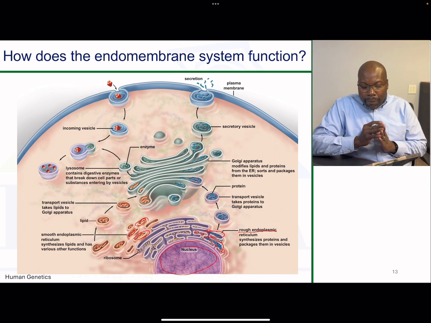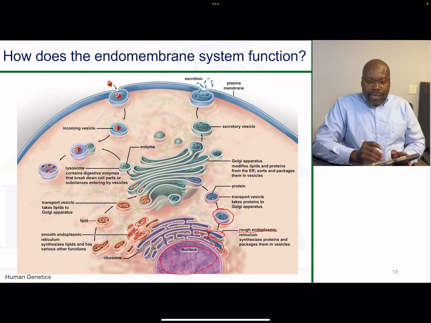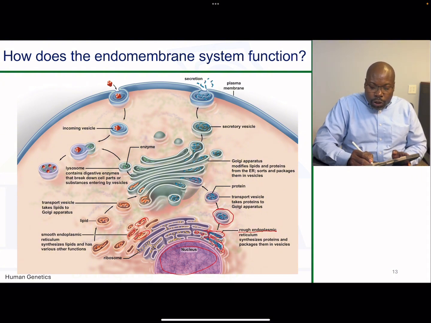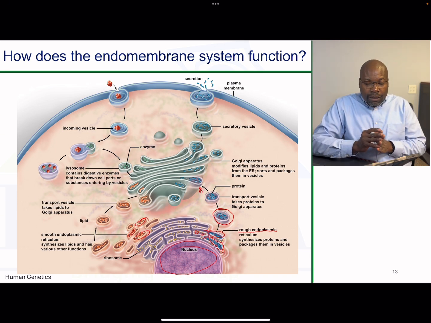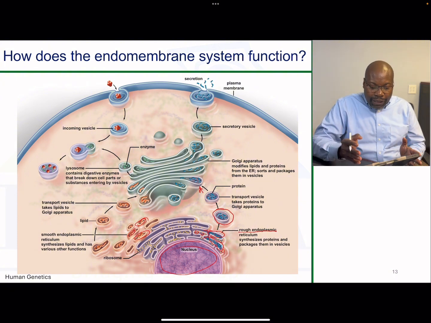When these proteins are modified, eventually they're going to end up in a transport vesicle. That transport vesicle is going to migrate toward the Golgi apparatus, where the proteins are going to receive further modifications.